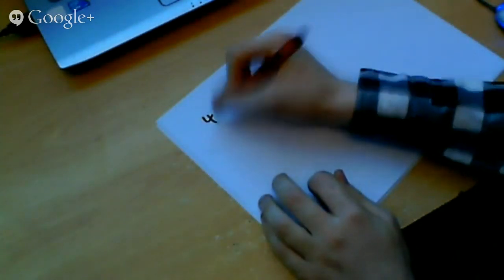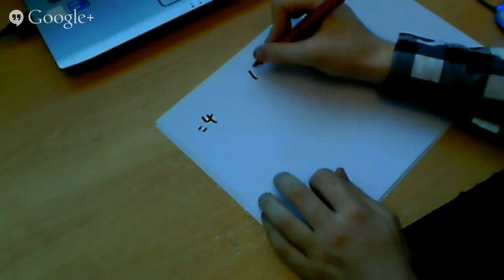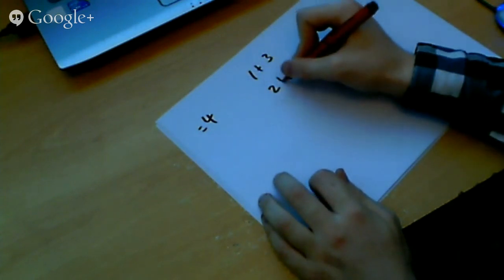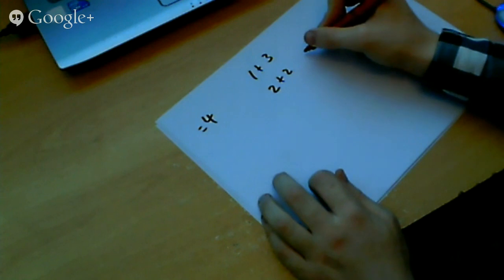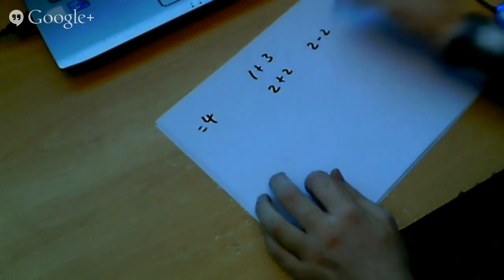So if you have to write 2 points and you write, let's say, what is the function of, I can't think of a good one. I'm terrible at thinking up questions. If it says state 2 points, let's say it said, I'm doing a maths example, what numbers equal 4, and you said 1 plus 3, 2 plus 2, and then you then wrote 2 minus 2.